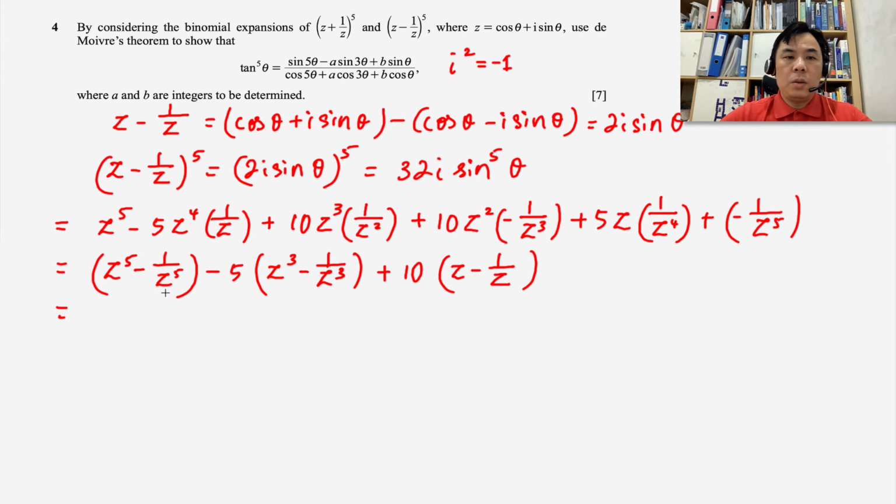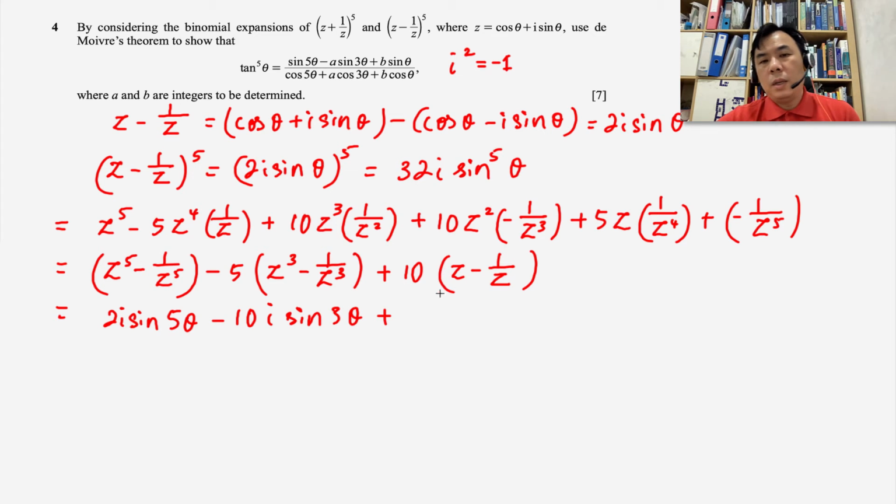Okay, and then there you have it. Now, as usual, we can obtain the identity for this. You can refer to my other videos on how to derive this. This is 2i sine 5 theta minus of the same thing here. I have 10i sine 3 theta, and then after that I will have my 20i sine theta.